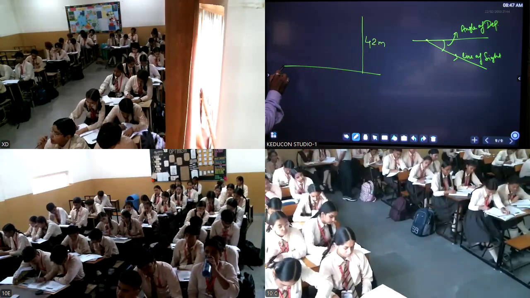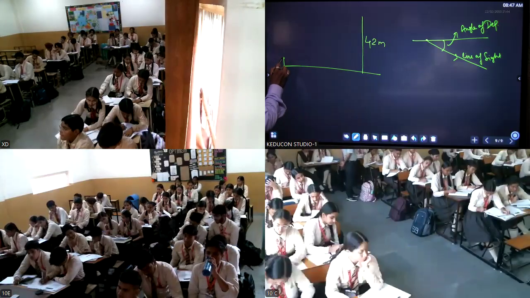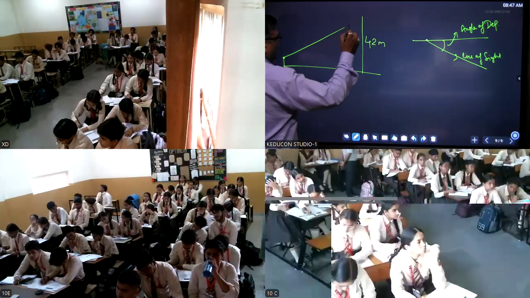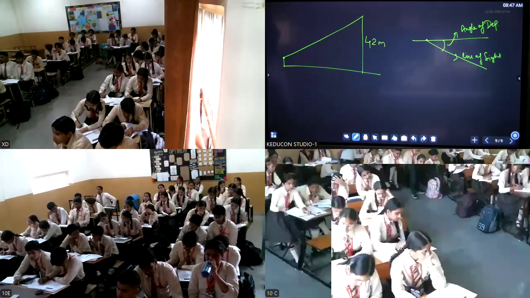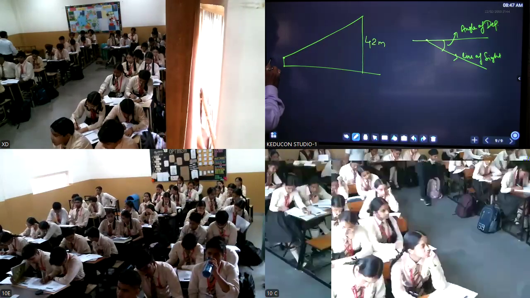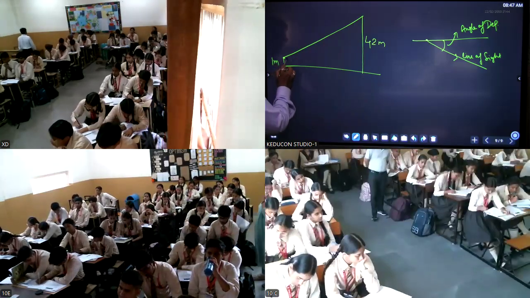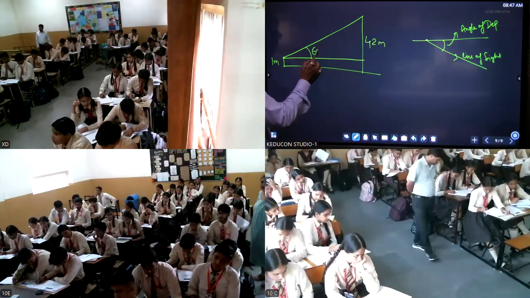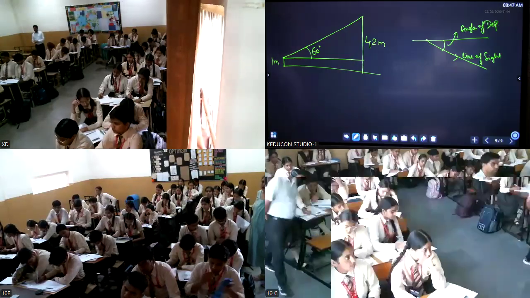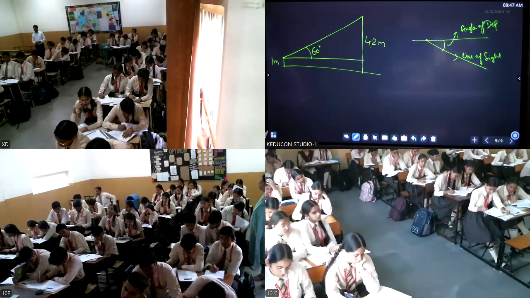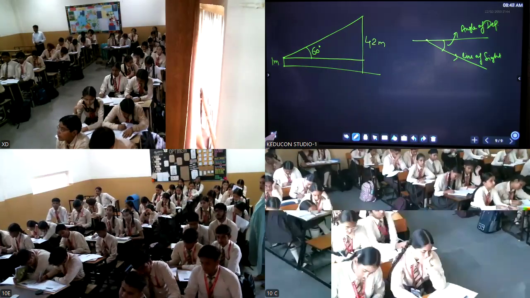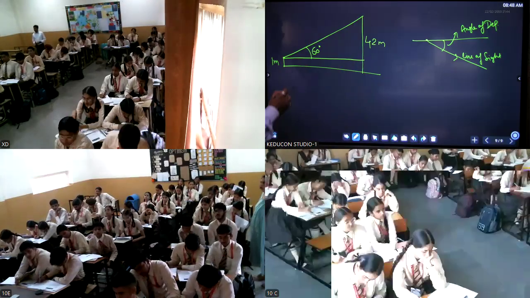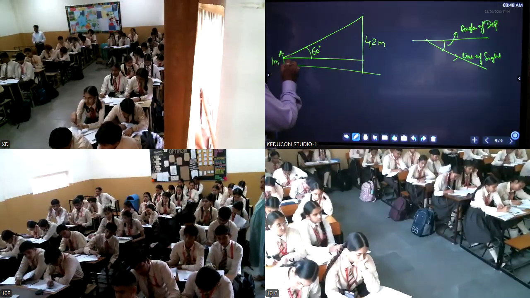She is standing here and her eye is making an angle of elevation of 60 degree. मतलब उसकी हाइट कितनी थी बेटा श्रेया की? 1 मीटर. So this angle is 60 degree, right? So now what you have to find out, how far is she standing? So आपको ये distance निकालना है AB.